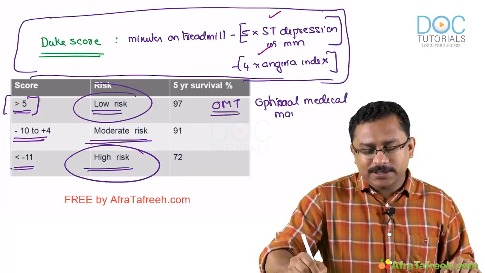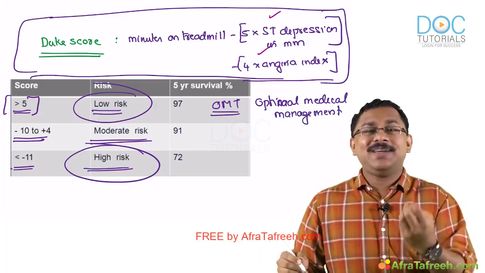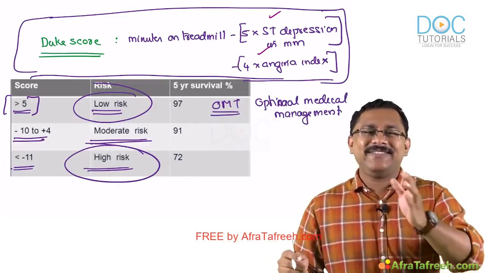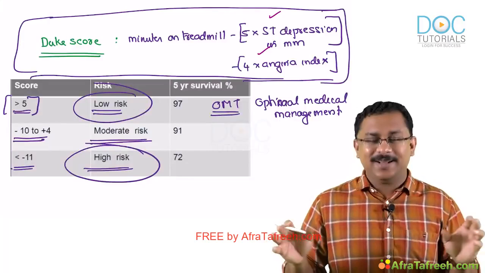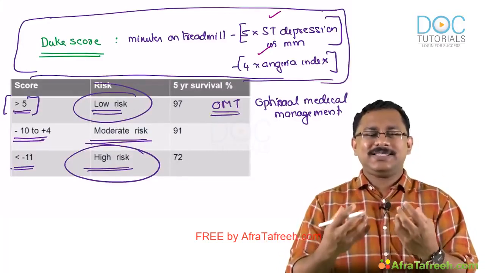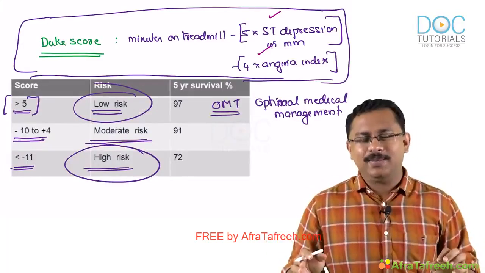So it is very important to understand the Duke score, because remember I told you, by this treadmill test you are trying to grade the severity of a chronic stable angina. So you must yourself have a conviction: this is a patient with low risk, I can go for optimal medical management.